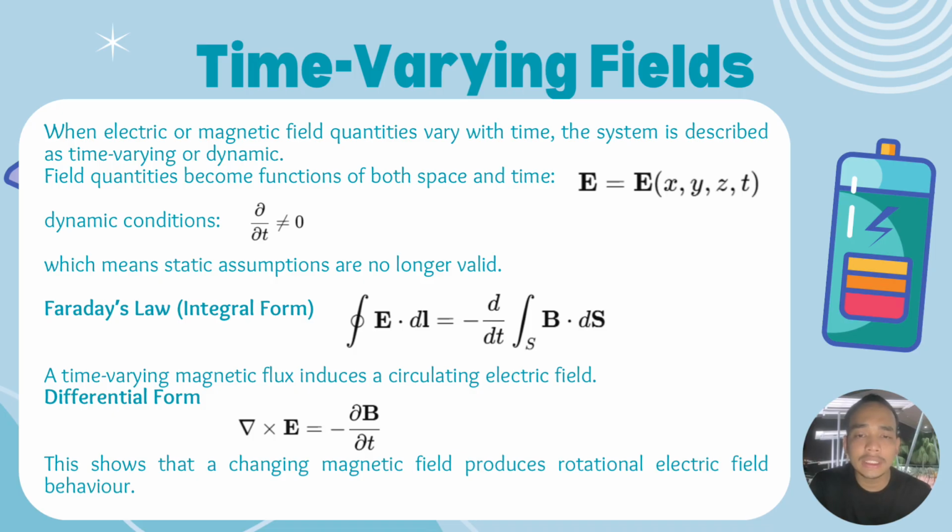Next, time varying field. When field quantities depend on time, the system becomes dynamic. The electric field becomes a function of space and time. E equals E of x, y, z, t. Under dynamic conditions, partial over partial t is not equal to 0.